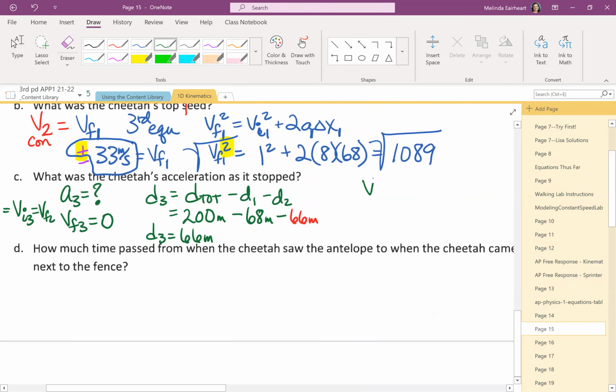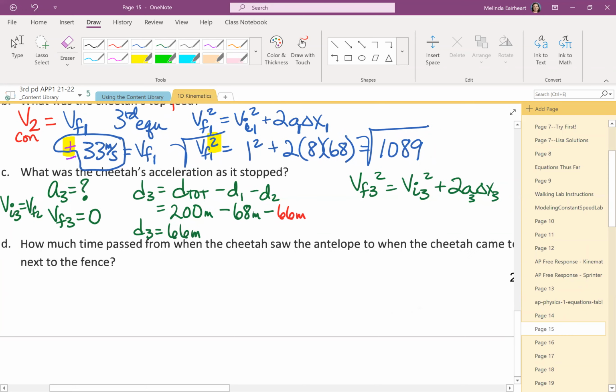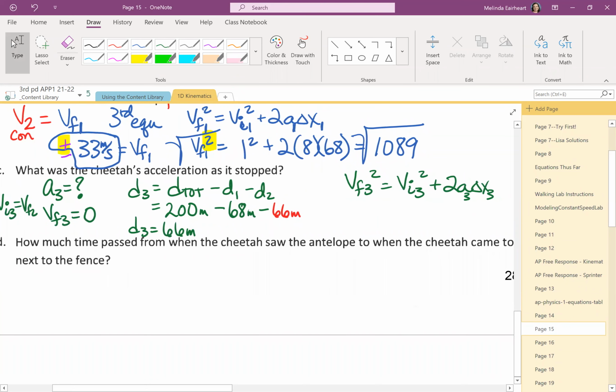And so using the last equation with part 3 information, we're solving for A3. Again, the algebra just looks a little different, but 0 squared placeholder, right? It won't always be 0.